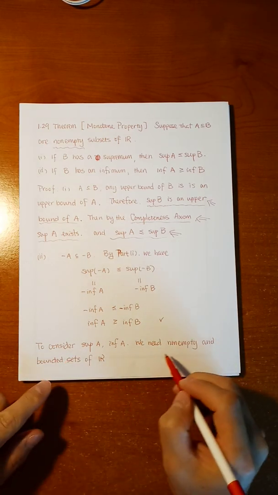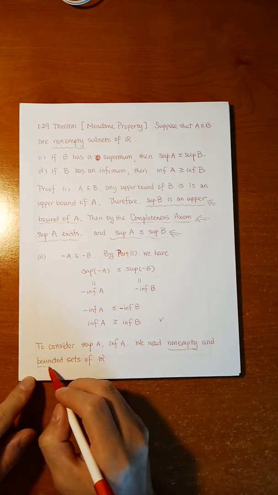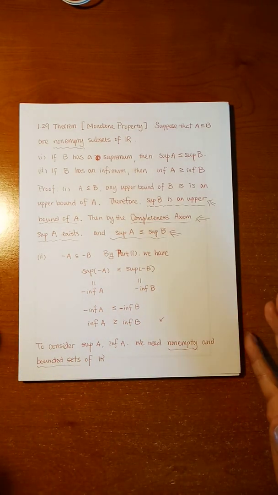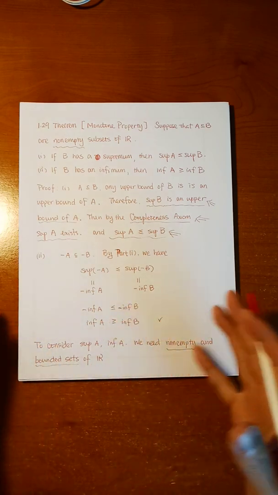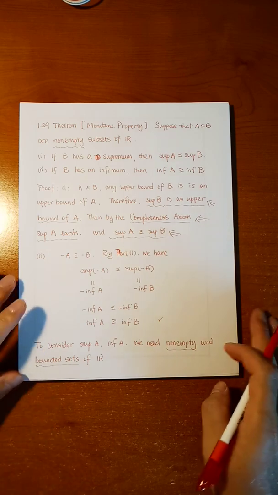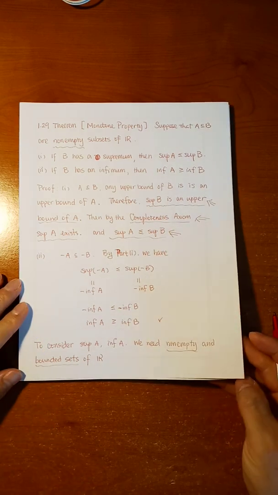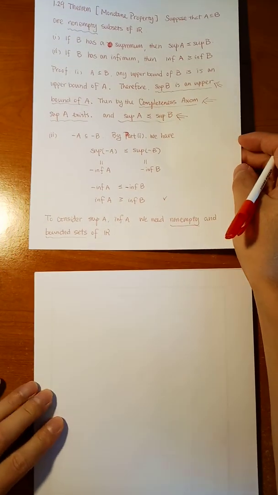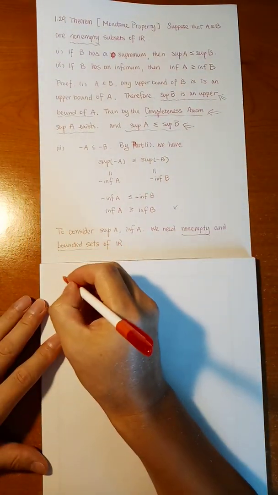And now we want to drop these conditions. We want to discuss the supremum and infimum for all sets of real numbers, not just non-empty bounded sets. In order to do that, we need the extended real numbers.